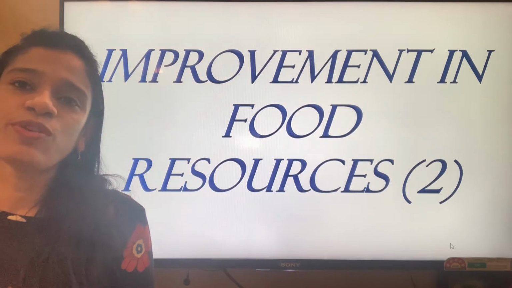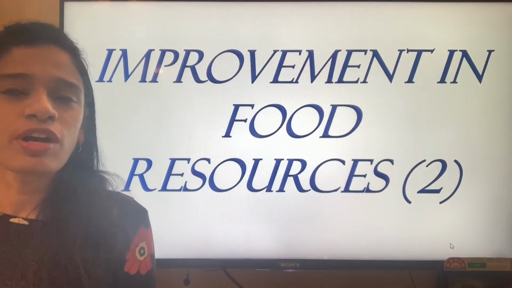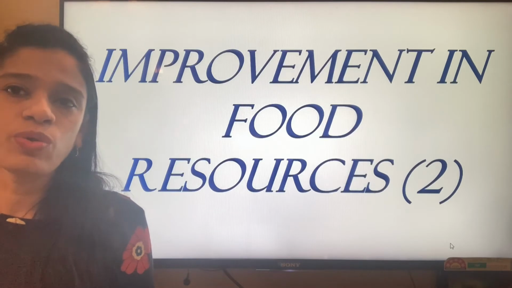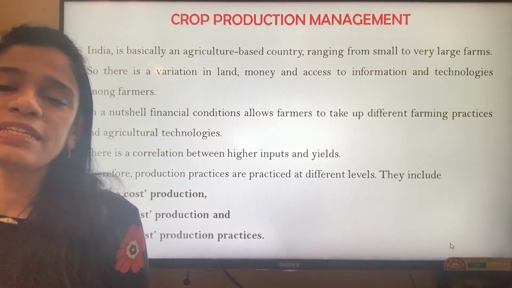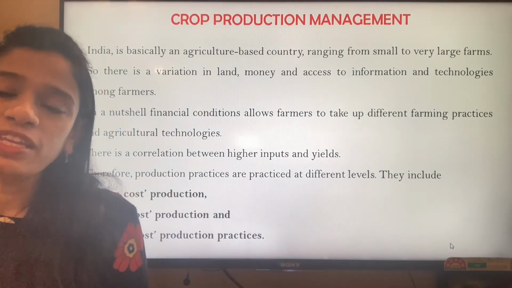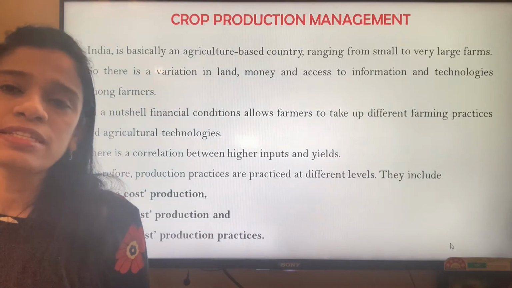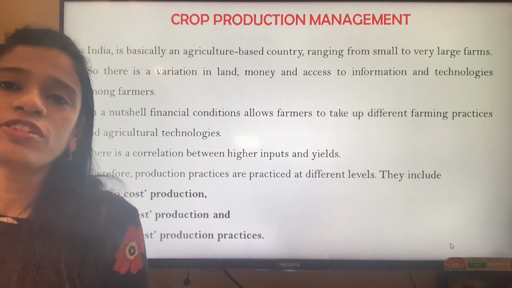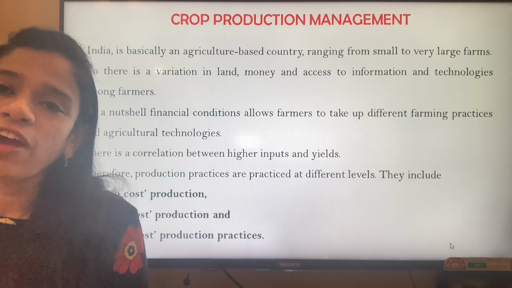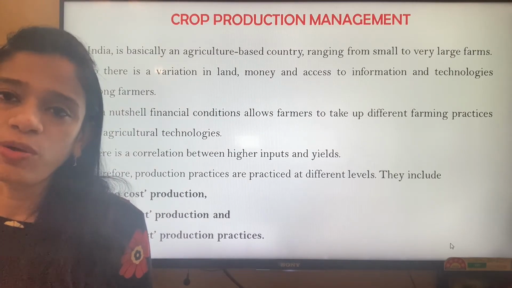In today's video, we'll be talking about crop production management. When we talk about crop production, we know that India is basically an agriculturally based country. Most of the Indian population depends on agriculture. And as the financial holdings vary from person to person, so also the amount of land holdings.